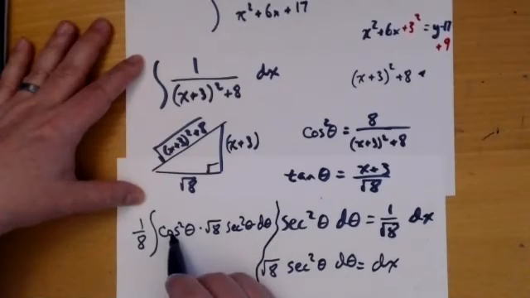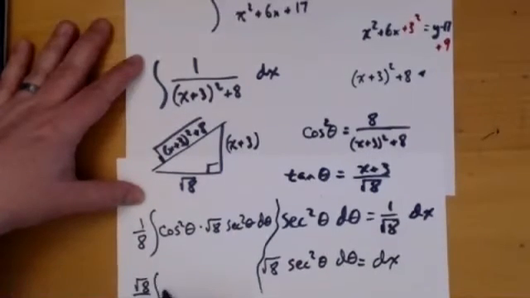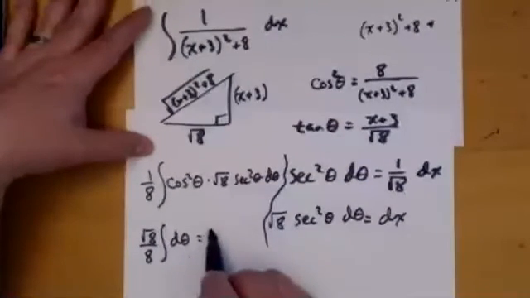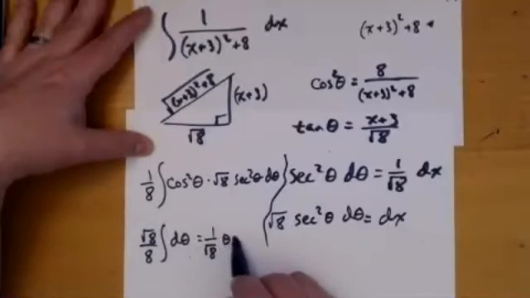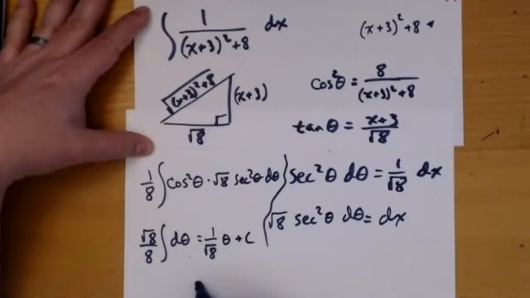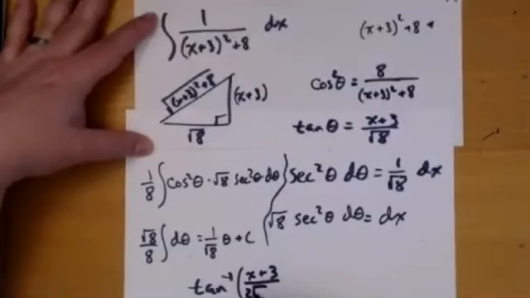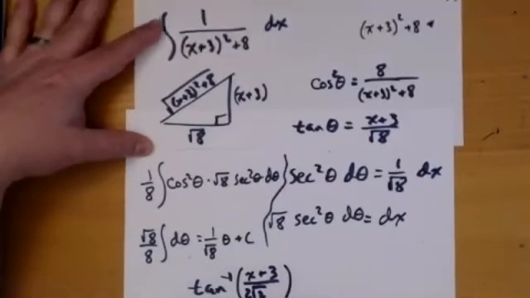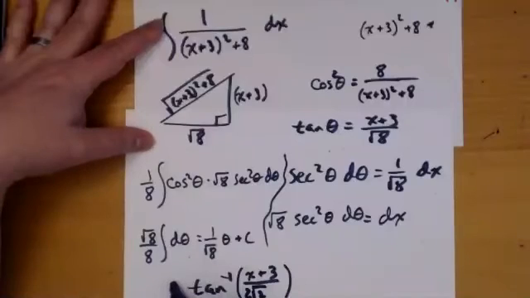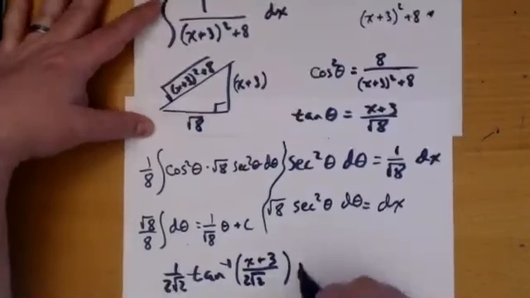So secant squared, cosine squared cancel, square root of 8 comes out. That reduces actually, and now I have the arctangent of x plus 3 all over the square root of 8, or 2 square roots of 2. And now it's the square root of 8, which is, to heck with it, 1 all over the 2 square roots of 2. And you're done, plus c.